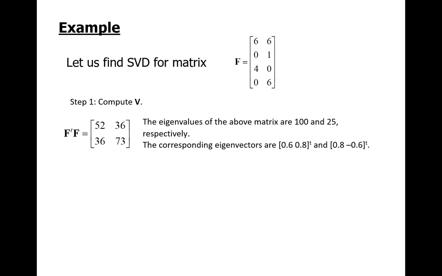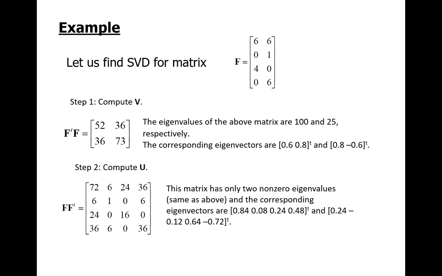What we can do is calculate its eigenvalues and eigenvectors. If you do those calculations, you will find that the eigenvalues of this matrix are 125, and the corresponding eigenvectors are as shown. Let's calculate matrix U. Matrix U will be calculated by doing the matrix multiplication F F transpose.